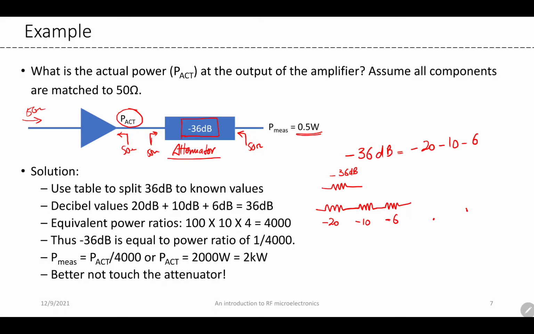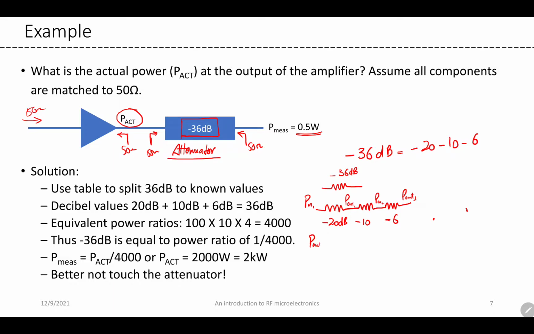So what happens is that if we have P in 1, this is P out 1, this is P out 2, this is P out 3. Okay, now P out 1, so this is 20 dB.